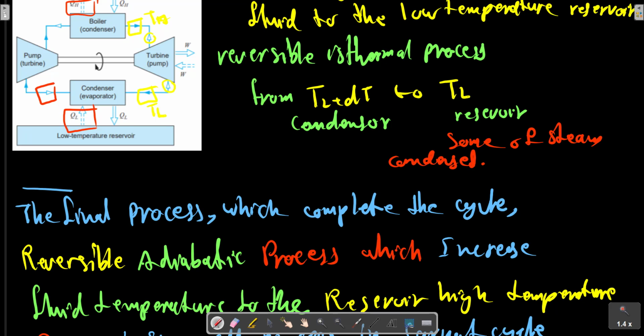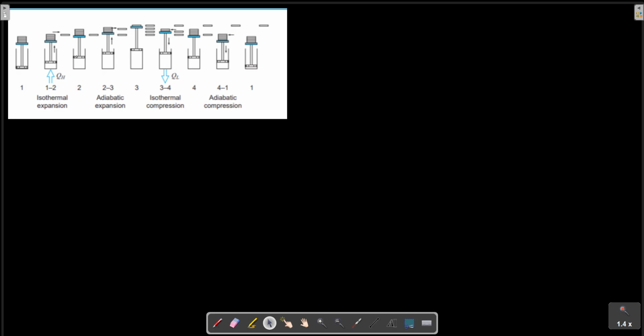The important picture that describes the various stages in the Carnot cycle is shown here. At first, we have reversible isothermal expansion, and then adiabatic expansion, which is the turbine work in the cyclic power plant.